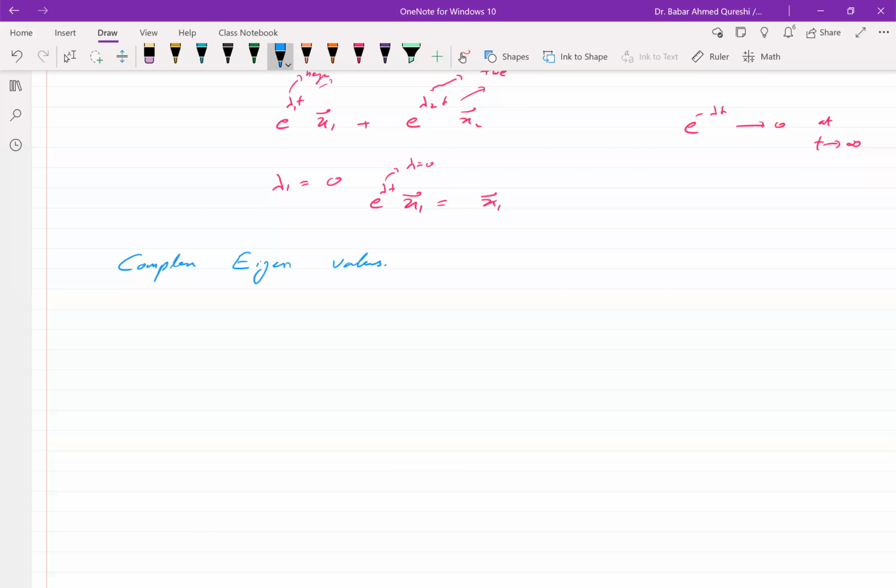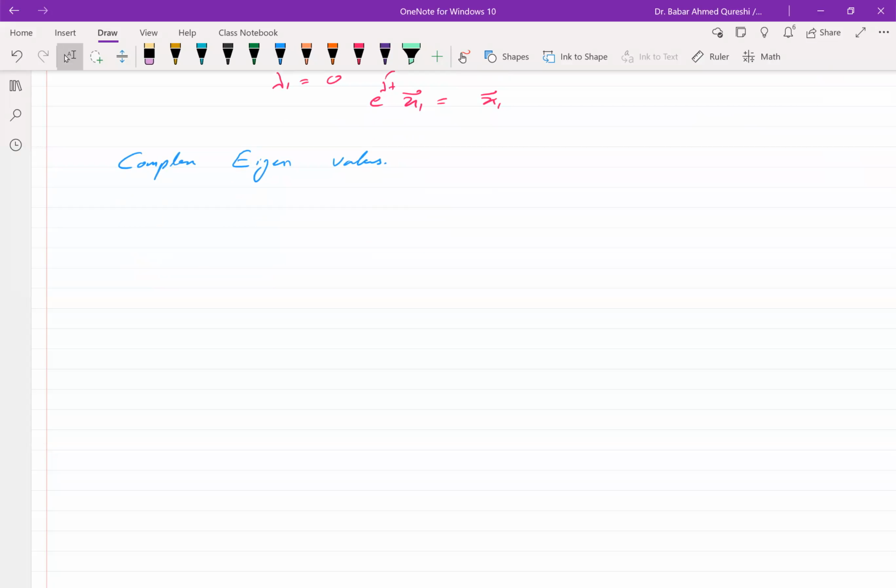Well, let's consider. Suppose you have a complex eigenvalue lambda.